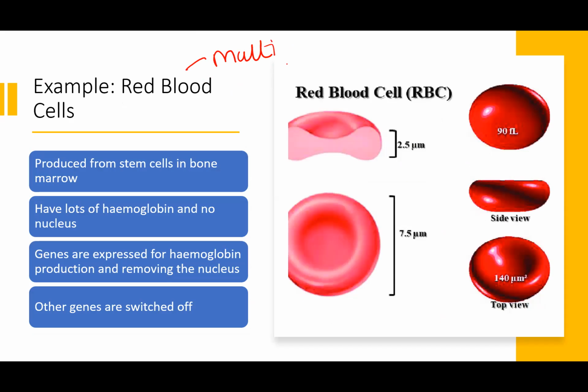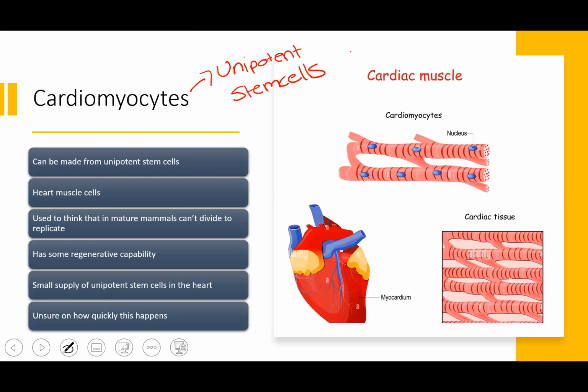So our bone marrow is an example of a source of multipotent stem cells, whereas cardiomyocytes can be produced from unipotent stem cells. So as I just said, cardiomyocytes are heart muscle cells, and they make up a lot of the tissue in our hearts, that cardiac tissue.